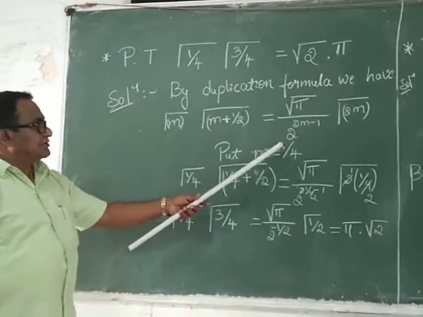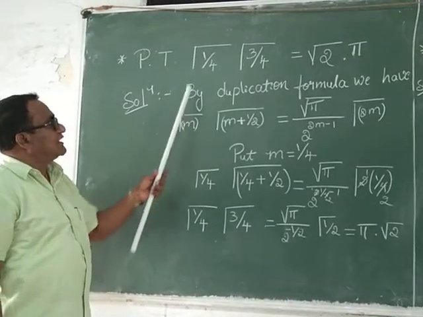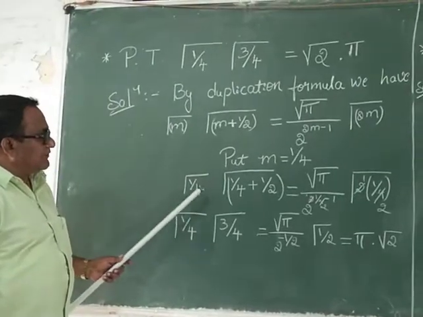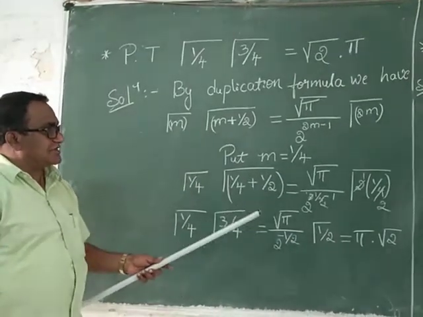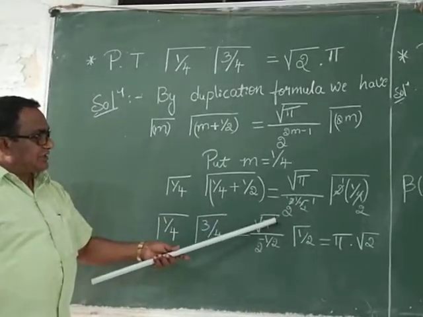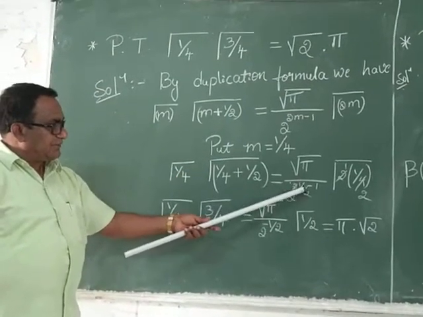Put m equal to 1 by 4 here. The above result becomes gamma 1 by 4 into gamma of 1 by 4 plus half, into root pi, divided by 2 to the power 2 into 1 by 4.